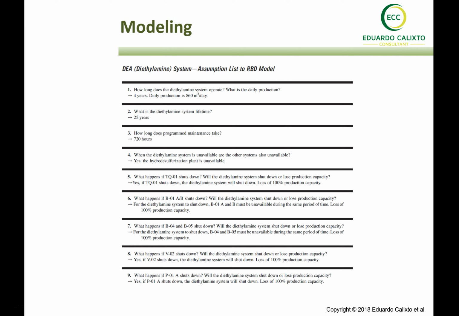So everyone can understand why this RBD has such a configuration if they read the assumptions. Reading the assumption list, all engineers will understand the RBD and how it works. So it's very important to have an assumption list when you're modeling, especially during the design, when you can have changes in the system configuration.